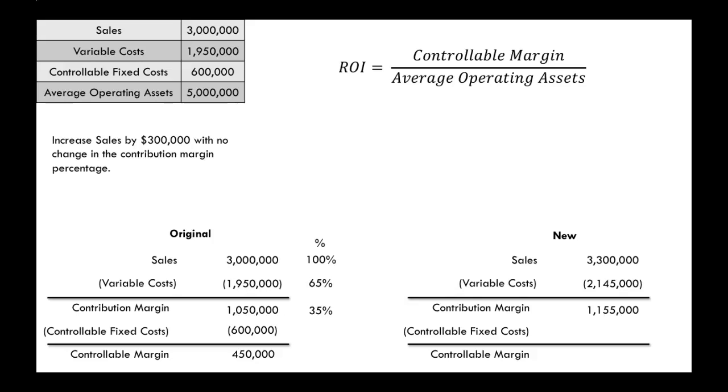So that's 1,155,000. Our controllable fixed costs, those are still 600,000. There was no mention of those changing, which will make our controllable margin $555,000. So now that we have that, we can plug that into our ROI formula and see that the ROI for this first course of action that we could consider is 11.1%.